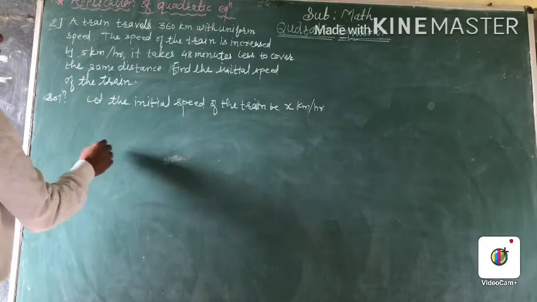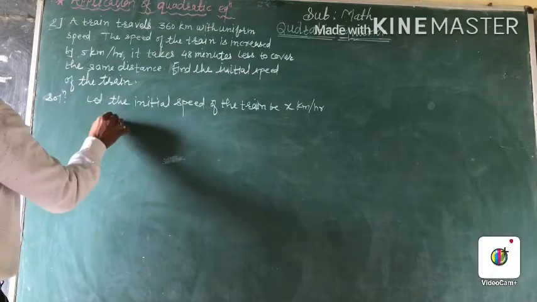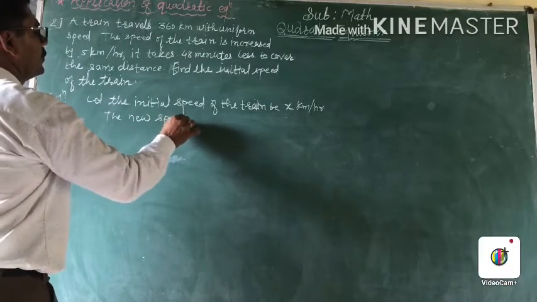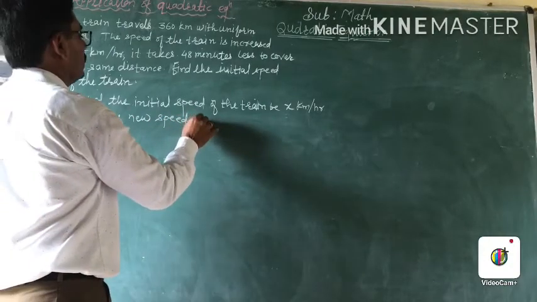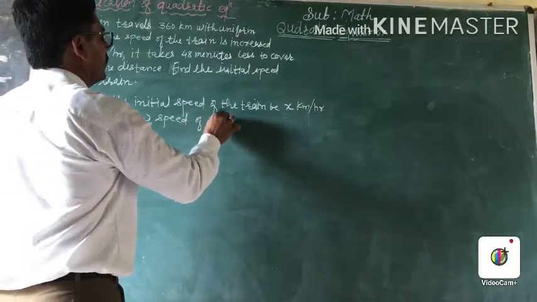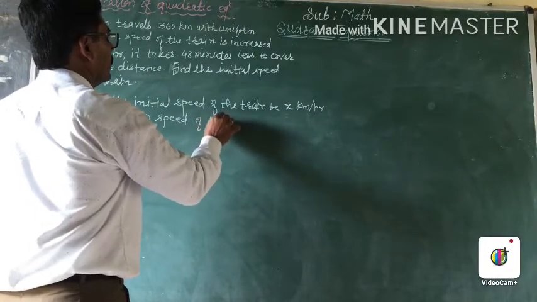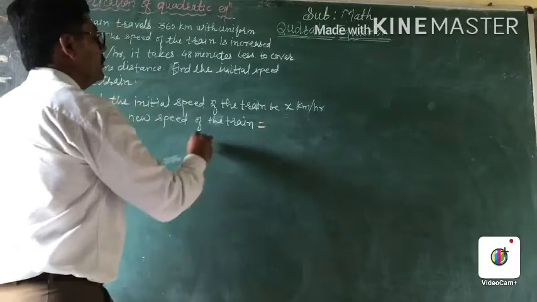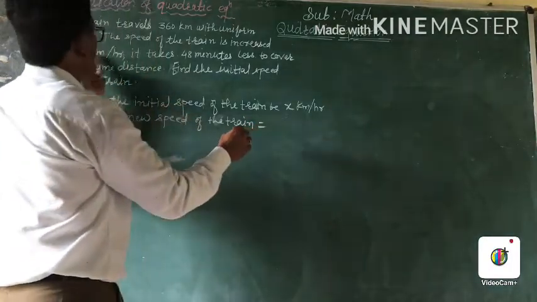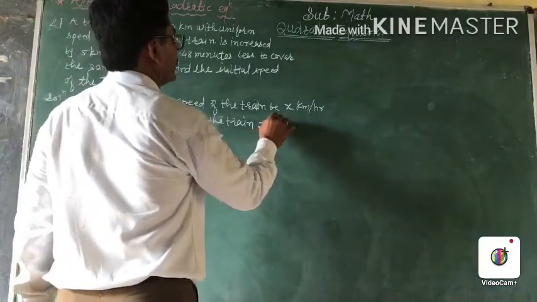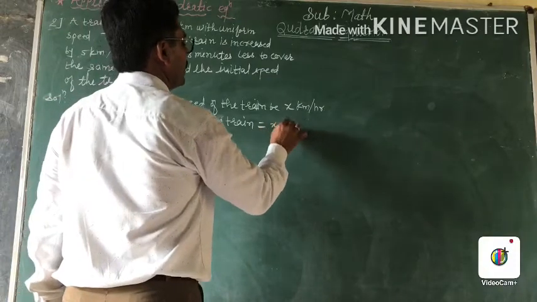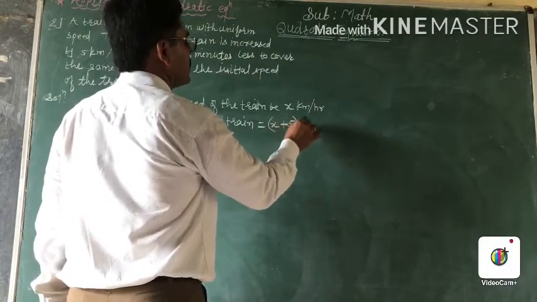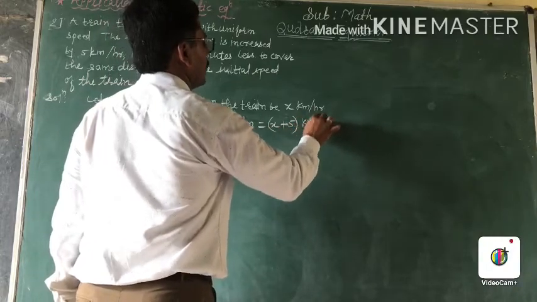The new speed of the train is equal to 5 km more, which means the initial speed is x and the increase is 5 km per hour, so the new speed is x plus 5 km per hour.